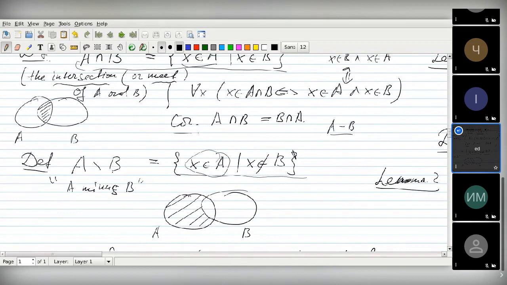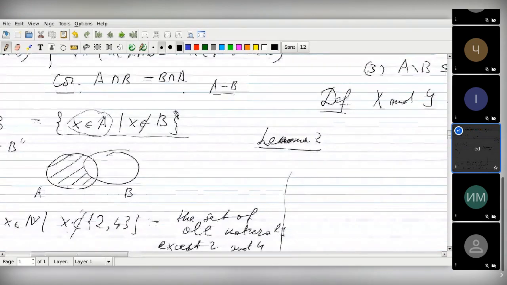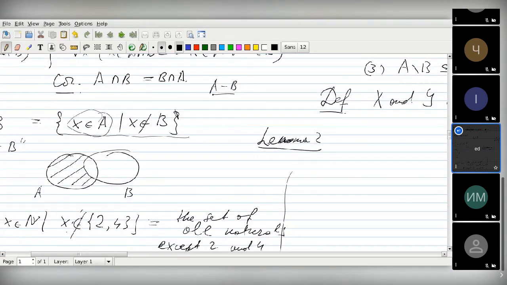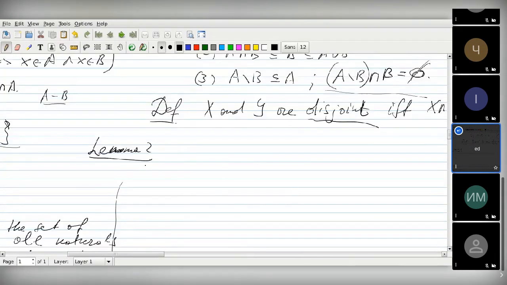The only thing you should guarantee is that everybody understands your notation. It is the only thing you need. Of course, it is very easy to guess that, say, A minus B in your notation means this thing. Doesn't matter which symbol you prefer.